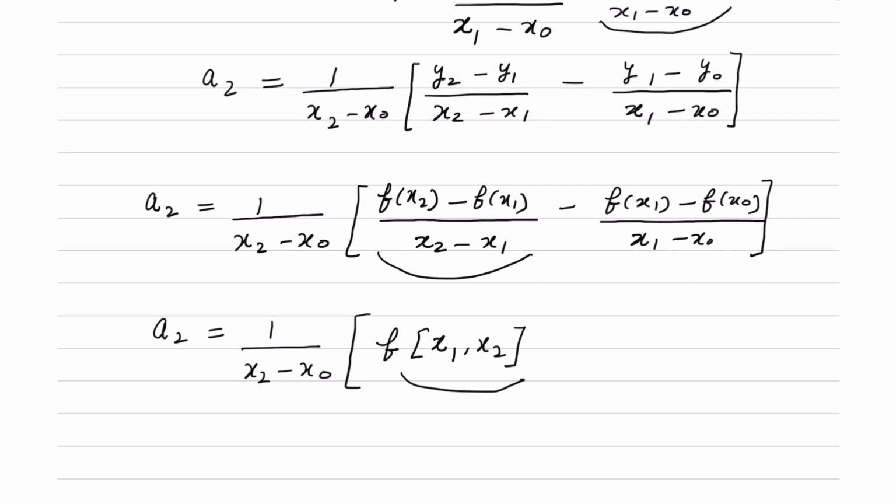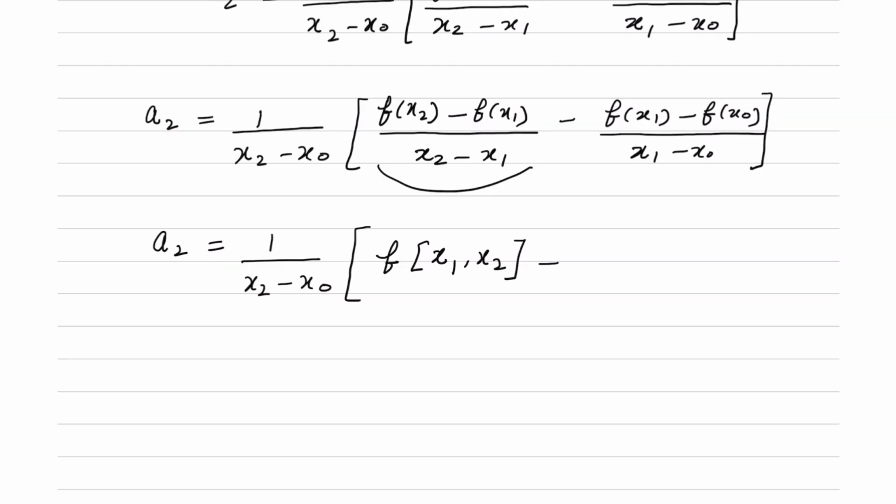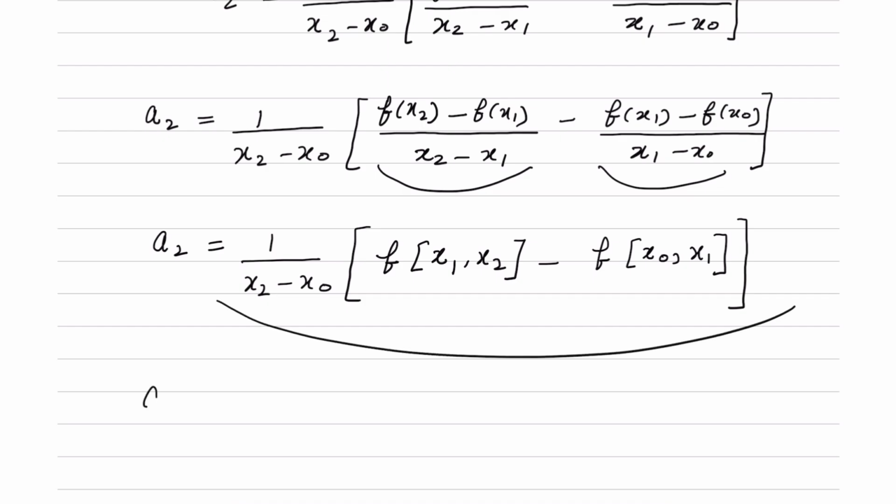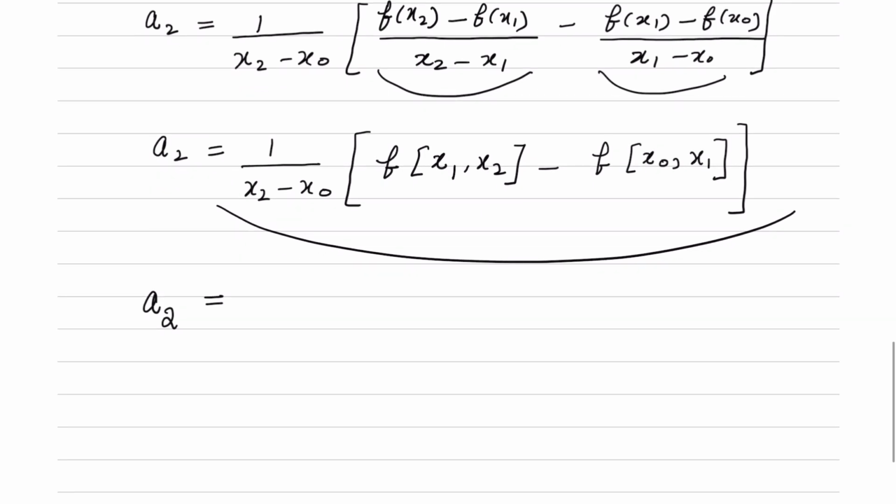Open up this expression and you will get back this, minus, and this whole expression can be written as f of x0 x1. Now this whole expression can be written in one compact form in the form of divided difference operator, which is f of x0 x1 x2. When you open up this expression f of x0 x1 x2 square bracket, you will get this whole expression.